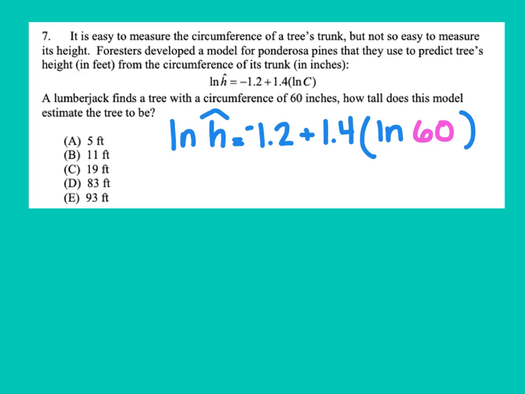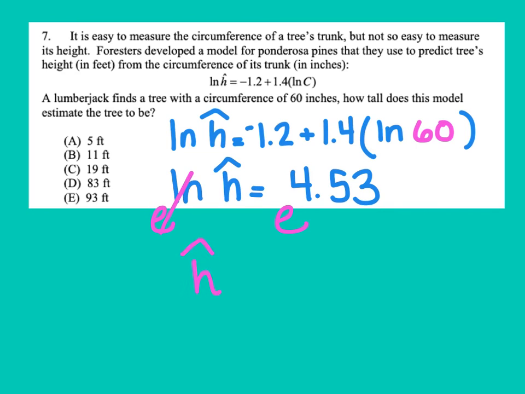Begin by substituting, then put the right side on your calculator because the calculator can handle the natural log of 60. I get the ln of the predicted h is equal to 4.53. To solve for just h hat, I need to exponentiate. The base is e. So this produces a predicted height of approximately 92.95 feet.